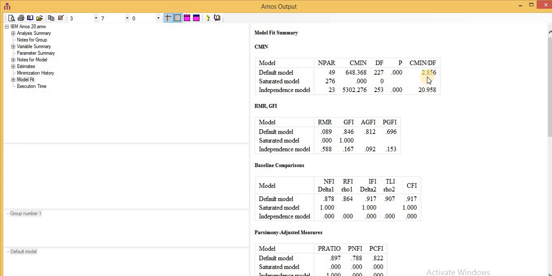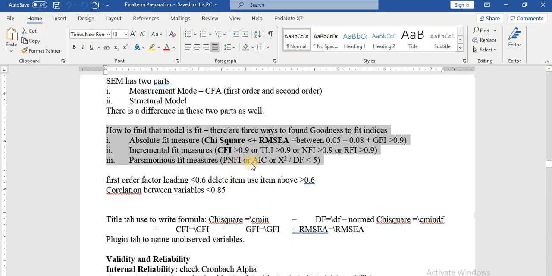This is the most reliable value that you can report in your thesis or in your paper, other than the value of AIC and the PNFI. So it is recommended that you report the value of chi-square divided by degree of freedom, and its value must be below 5.